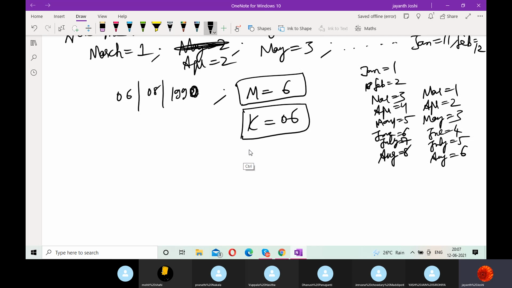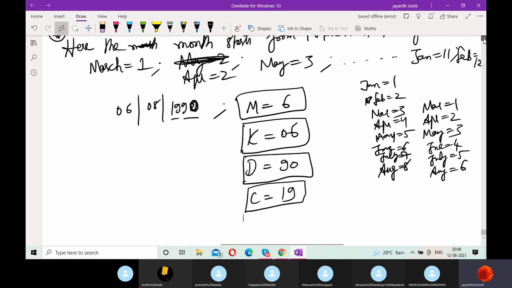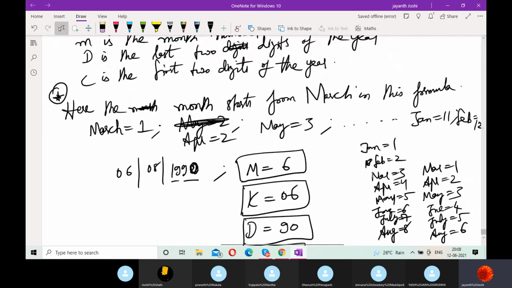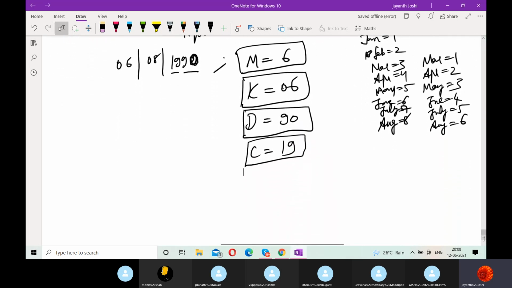And I have already told you D is the last two digits of the year, so that is 90. So these 3 points I have extracted, correct? And in fact, I also told you C. C is the first two digits of the century, correct? If you remember the note which I have given to you. Based upon those notes, this is the data which I have extracted.